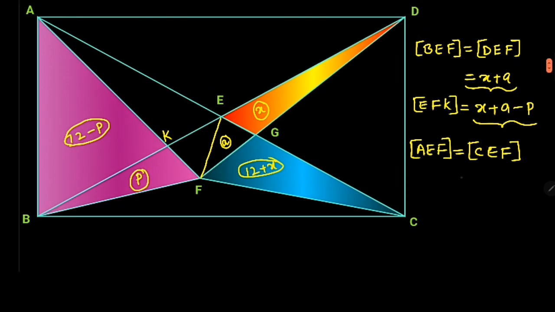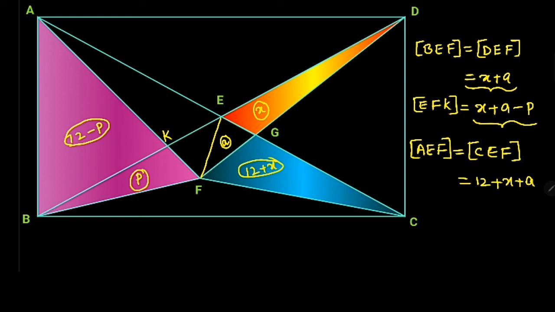That is the same as 12 plus X plus A, because the area of triangle CFG is 12 plus X and the area of FEG is A.